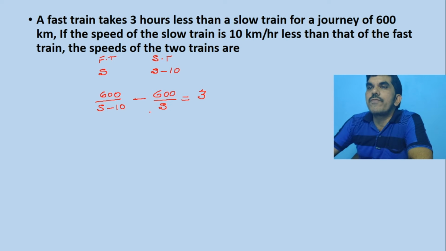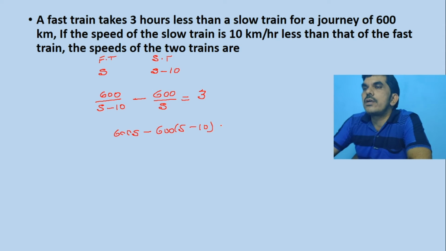So I have to simplify. So LCM, so 600s minus 600 into s minus 10 equal to 3 into s into s minus 10. So 600s gets cancelled. So 6000 equal to 3s square minus 30s.